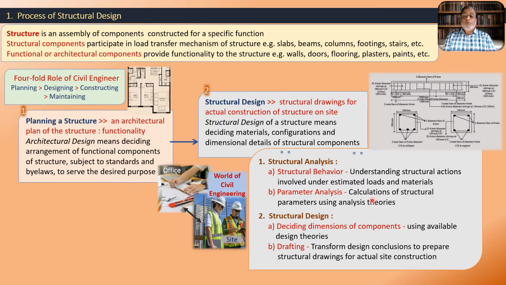You cannot send numerical calculations to the site and expect them to construct the structure. For that, all these numerical calculations are required to be converted into a drawing. This process is called drafting. Drafting is transforming the design calculations to prepare a final structural drawing for actual site construction.